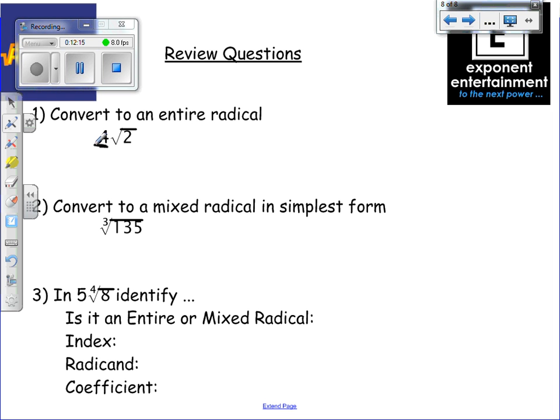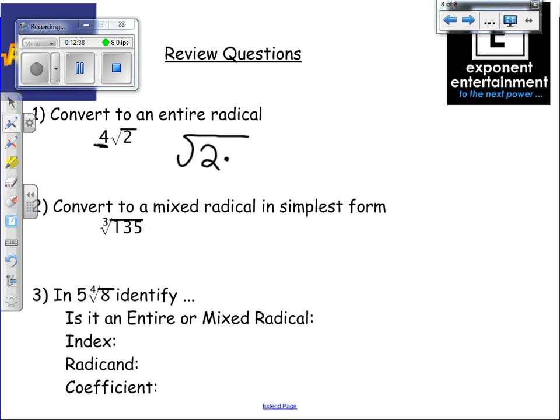When we're converting things to entire radical form, the radical sign is not going to change. So we know we're going to end up with a square root sign. The 2 is not going to change, it's still staying there. The radicand stays underneath.